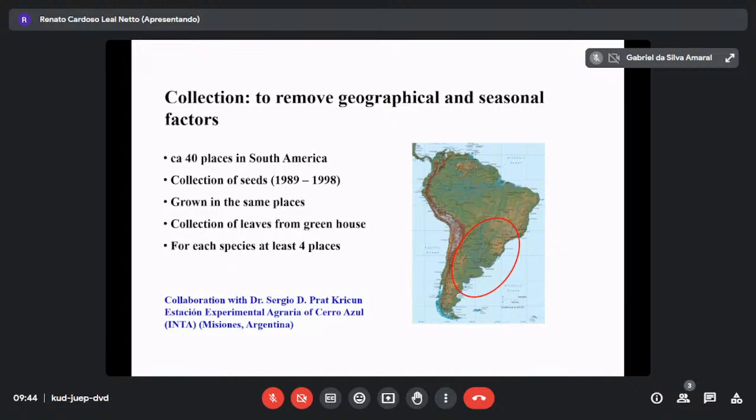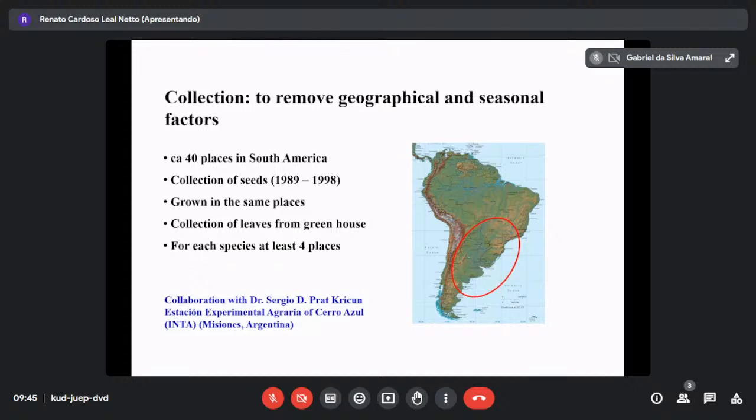It's not the second generation, it's the first generation, but that's okay. The same species we collected in different years, and the same species from different places, like from Paraguay and from Brazil. Then we tried to remove all the environmental factors, seasonal variation and geographical variation. Two variations we excluded.